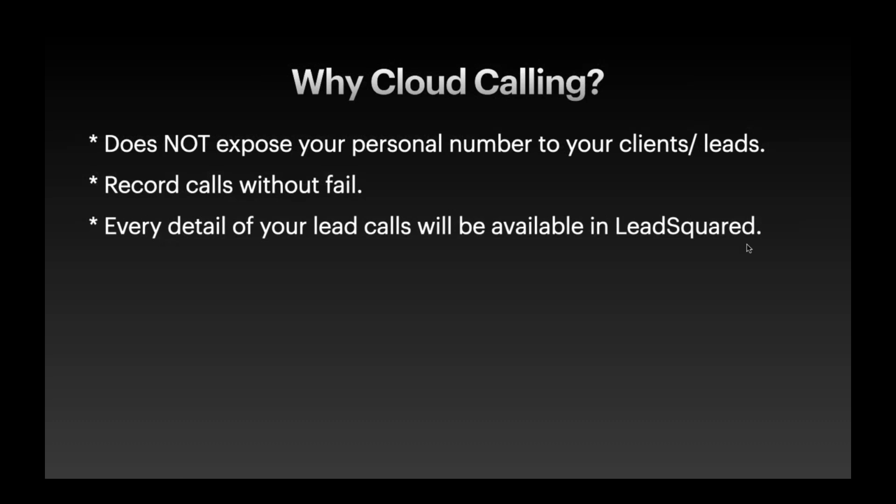As I told you before, just a refresher, we will not be exposing your phone numbers to your clients, which is a major challenge right now for most of the people who are working from home, because you need your desktop device. The call gets recorded without any fail, and every detail of the lead will be captured in LeadSquared, irrespective of whether you're making a call from the mobile or the desktop side.